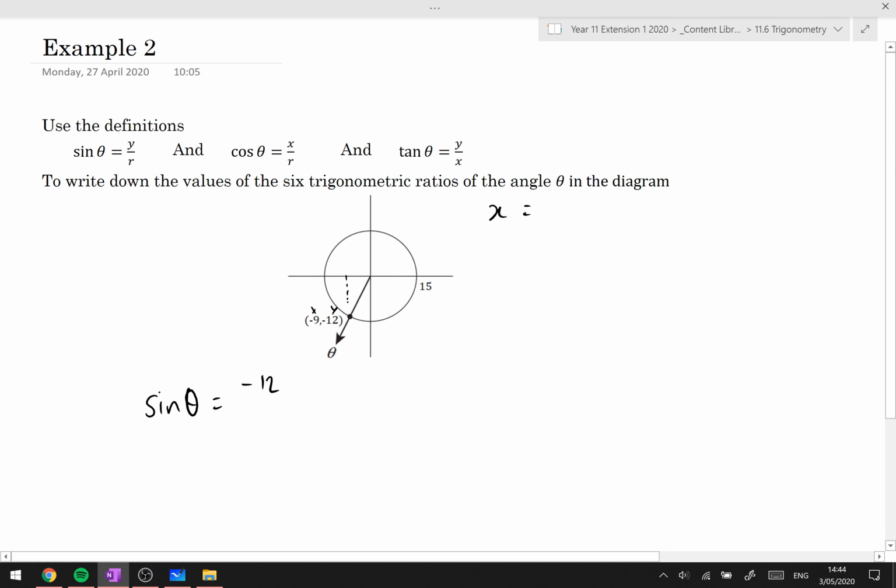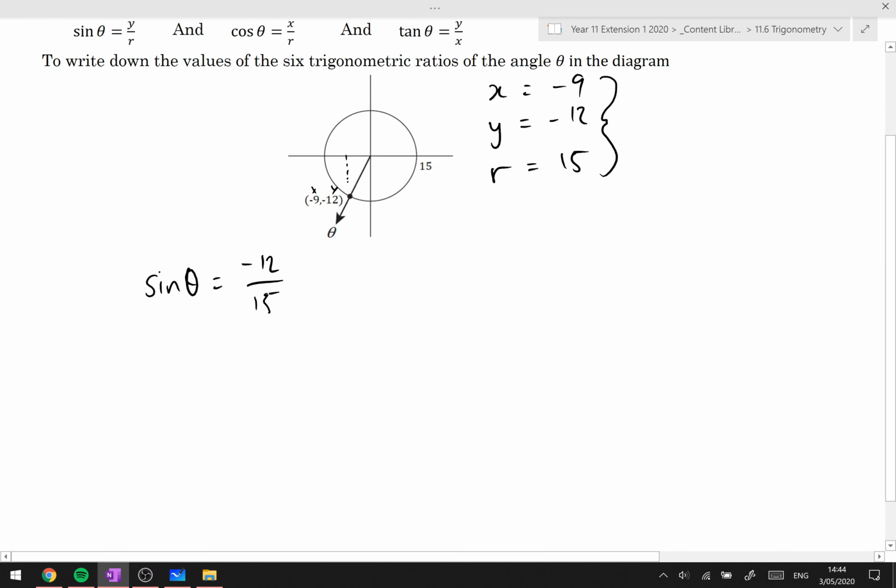So x is equal to -9, y is equal to -12, and the radius is 15, okay? All you have to do is just put these numbers into these ratios. That's pretty much all we're doing for this part. So sine theta is equal to y over r, so -12 over 15, and that's it. Okay, -12 over 15, done.